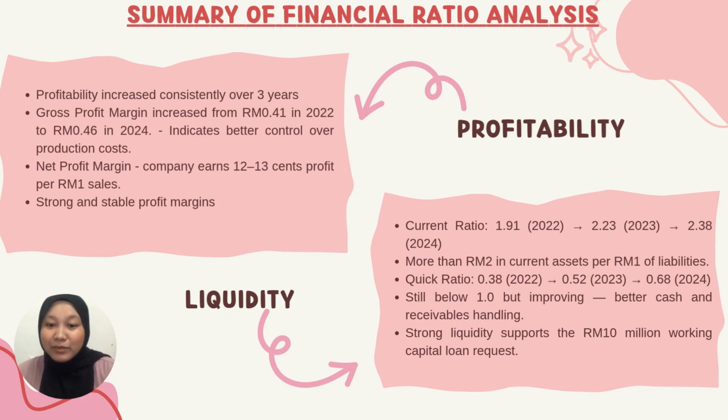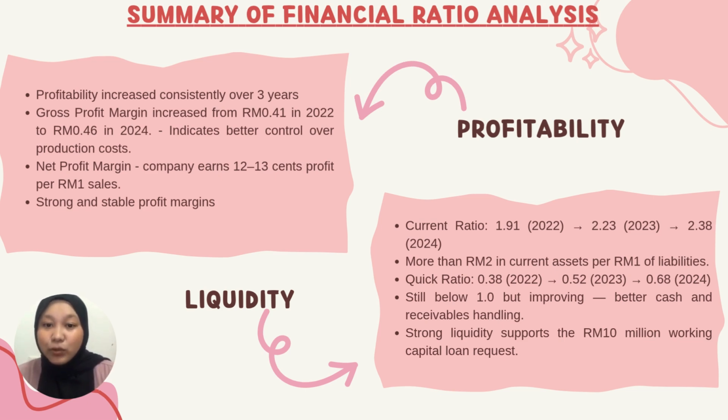The net profit margin remains stable around RM 0.12 to RM 0.13. This means that the company earned 12 to 13 cents in profit for every ringgit of sales. Overall, this indicates that Mr. DIY is financially healthy and continues to generate solid returns.